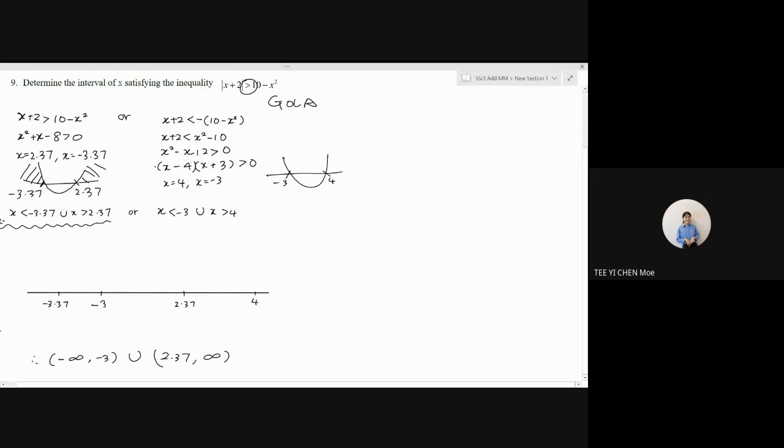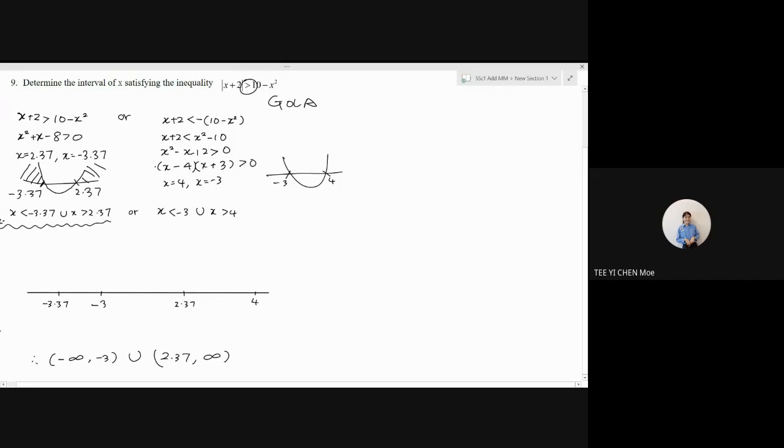Okay, and for the other side, from here we'll get the quadratic inequality of x squared minus x minus 12 is greater than 0. Okay, and solving it by factorization, we'll get that x is 4 and x is negative 3.